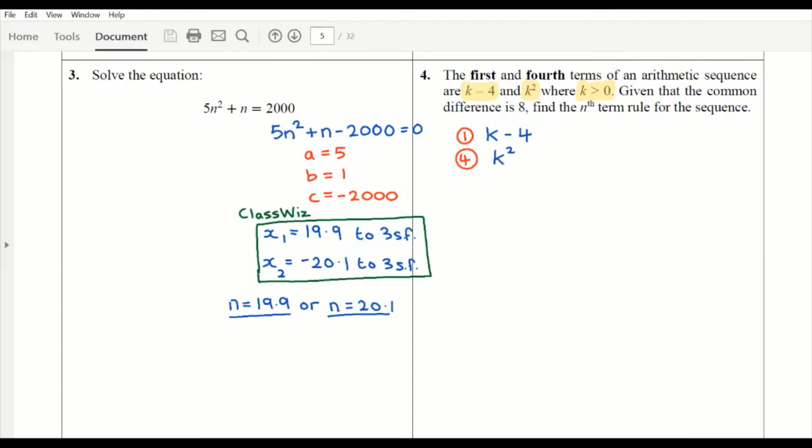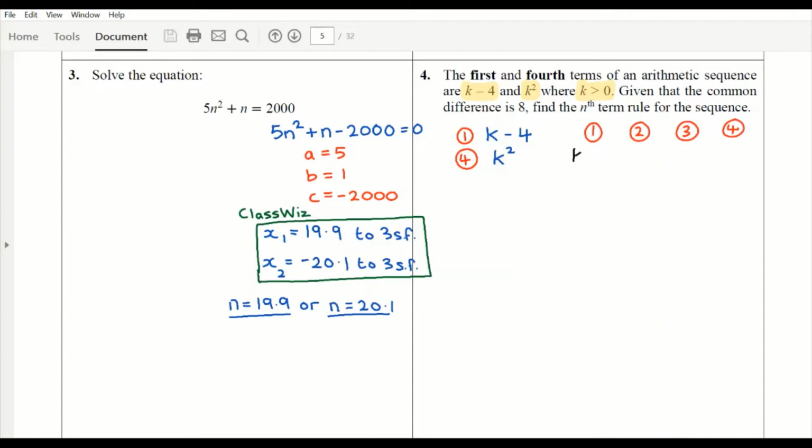Well, if we know the first term and the fourth term, and we're told the common difference is 8, well, this goes back to something we talked about in the warm-up for the previous lesson. Now, if I just sort of rewrite what I've just talked about here, we have 4 terms essentially, 2 that we don't know and 2 that we do know. So the first term, let's write it in again.